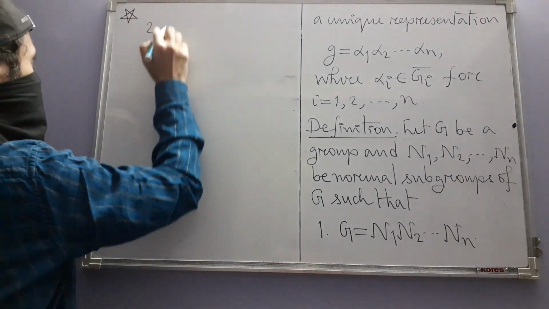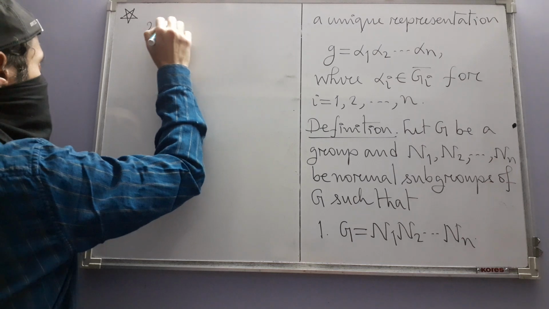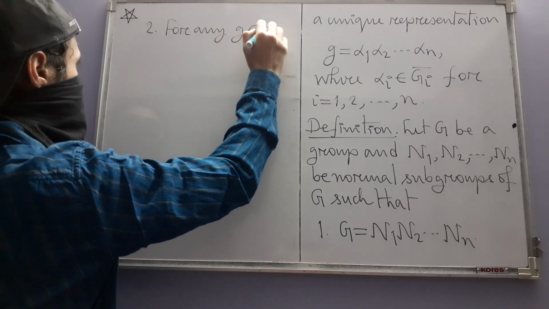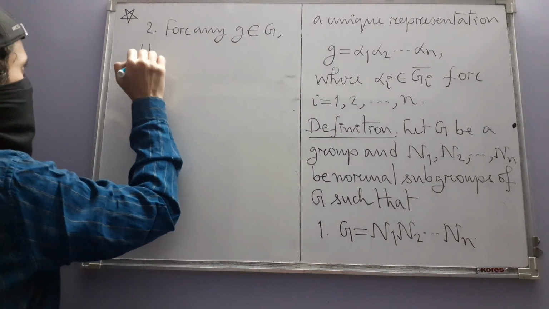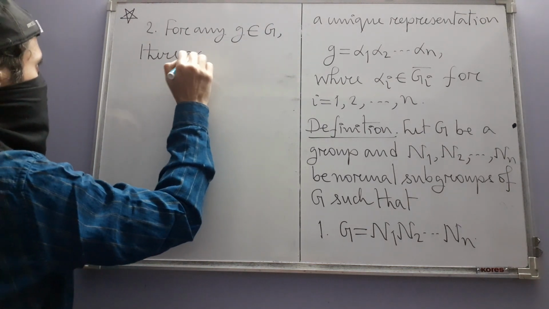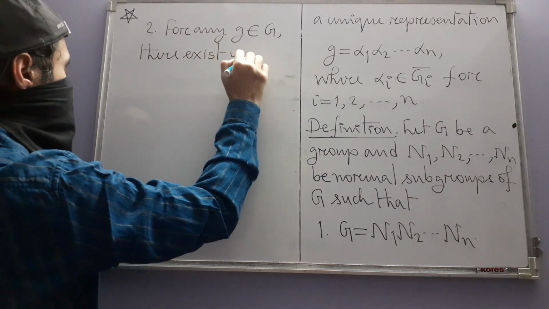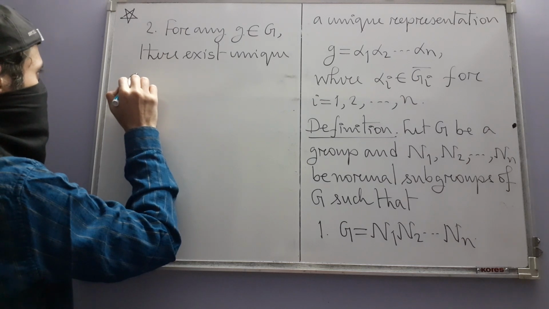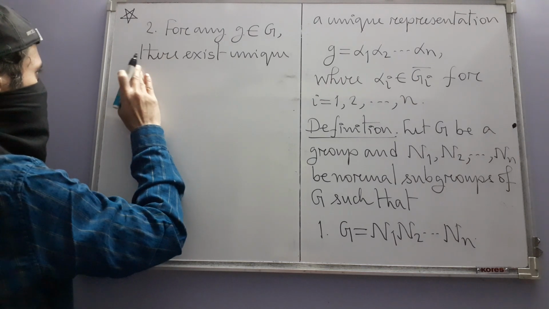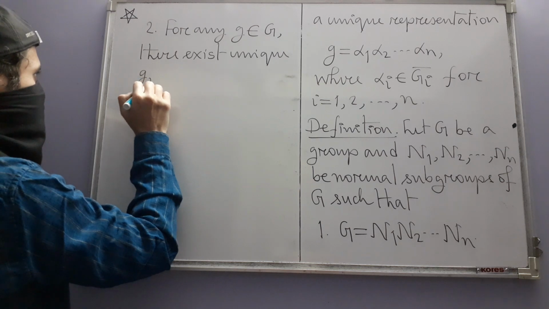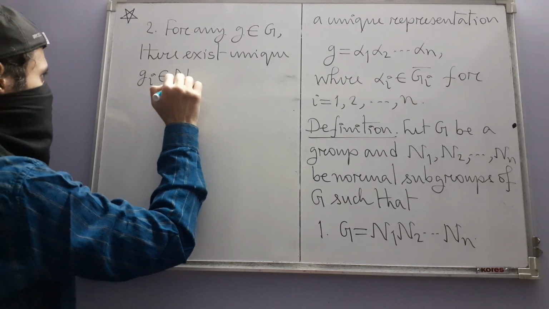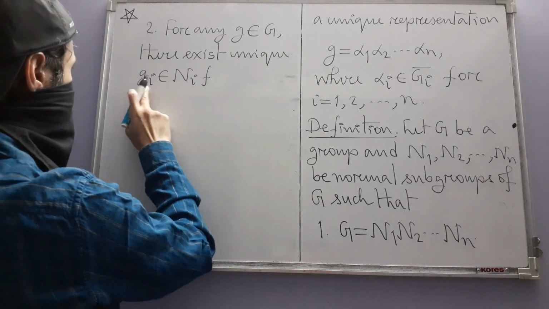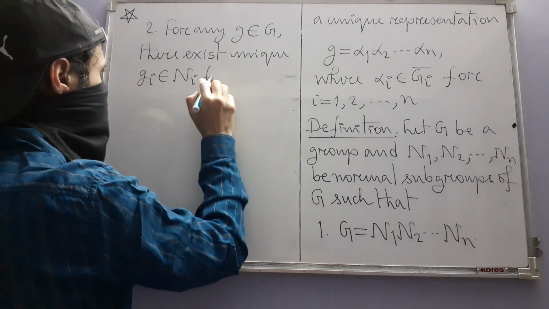Number 2, for any g belonging to G, there exists a unique gi, I can call it gi, say, belonging to Ni. I think in the text the author has written Ni, but it does not matter.